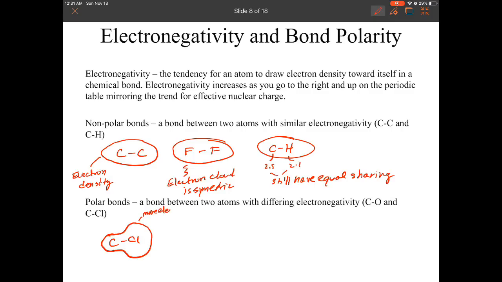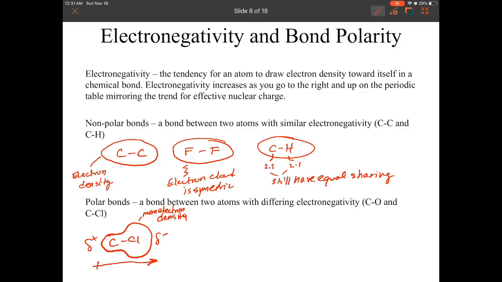So if you think about the charges in this case, this gives a slightly negative charge on the chlorine side and a slightly positive charge on the carbon side. These symbols that I wrote denote a partial charge, where the chlorine has a slightly negative charge. We can also denote this with what we call a dipole moment.